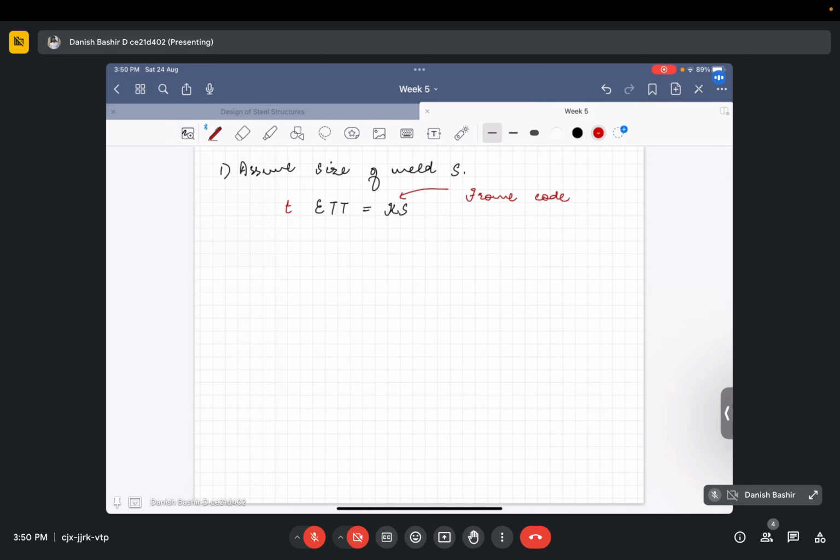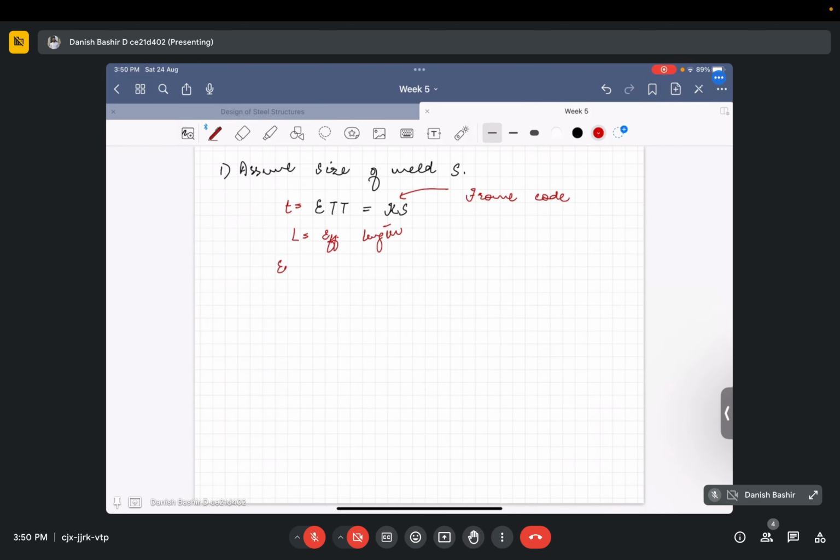So we calculate the effective throat thickness t, and let L be the effective length of the weld.